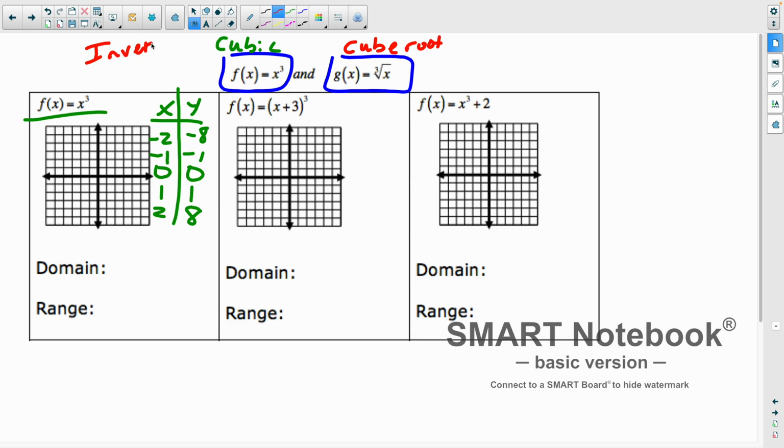All right? So if I know one, then I know the other. I know a lot of characteristics about that. So if I was going to graph this one, I'm going to start at (0, 0), (1, 1), (2, 8), which kind of goes off the graph a little bit. It's up there. (-1, -1), and (-2, -8). And you have that graph there.